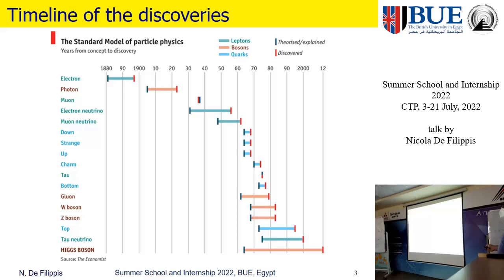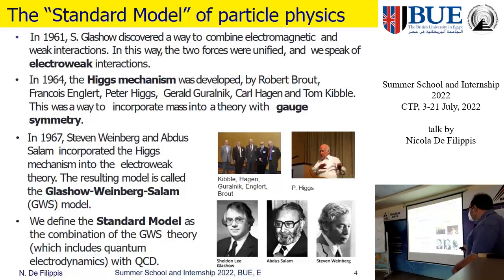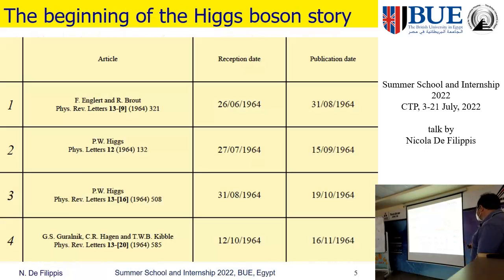So you see that in the last 100 years we had so many discoveries. But the Higgs boson was, for the first time, predicted by Peter Higgs, François Englert, and Brout, in 1964.